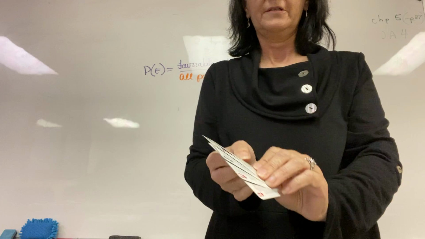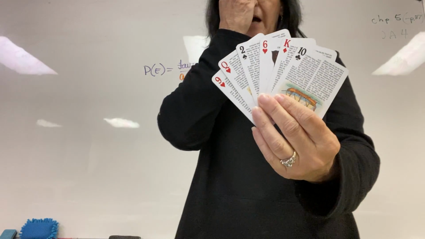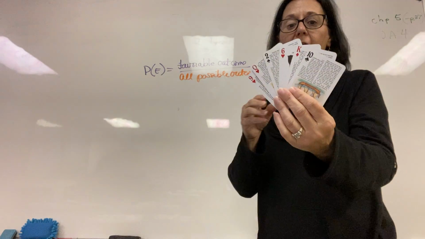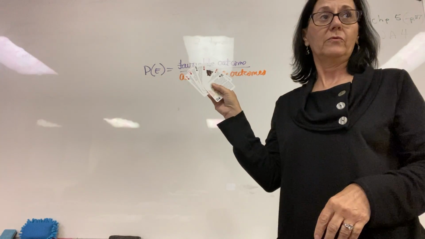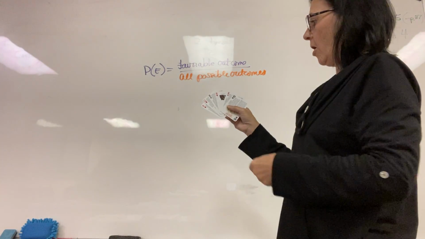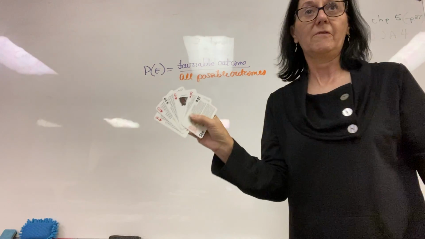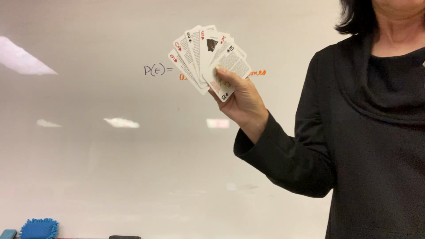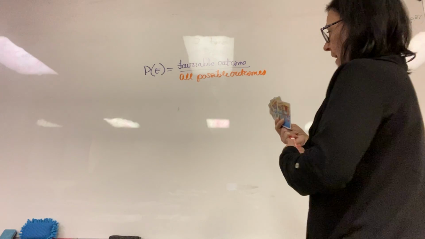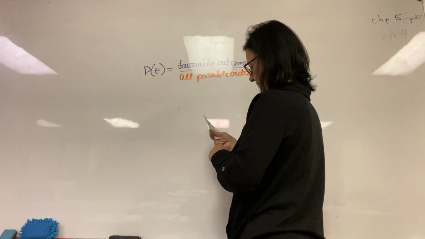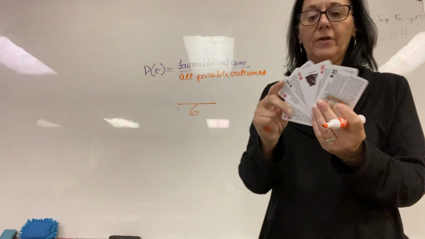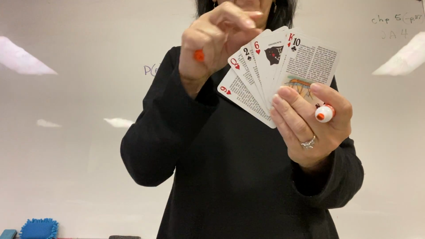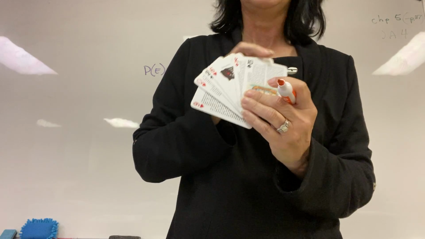I should have picked 2 cards that were the same, but I didn't. Okay. So all the possible outcomes for these cards, how many are there? Well, first of all, we did my sample space. But all the possible outcomes are 6, right? So 6 would be my total possible outcomes. And I could say, what is the probability of drawing a king?